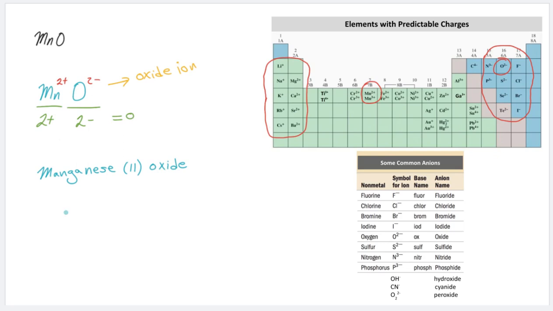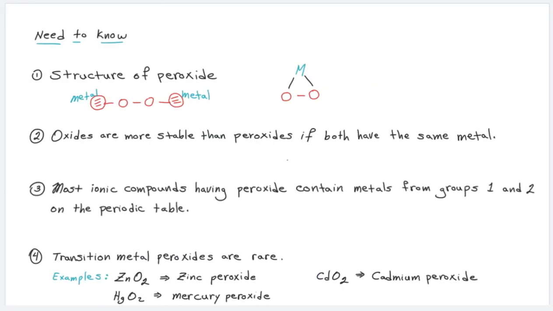Before we see other examples, there are a few things that we need to understand. One of them is that we need to have an idea of what the structure of a peroxide is. A peroxide is when we have two oxygens bonded together. Each oxygen here is going to be bonded to something else.